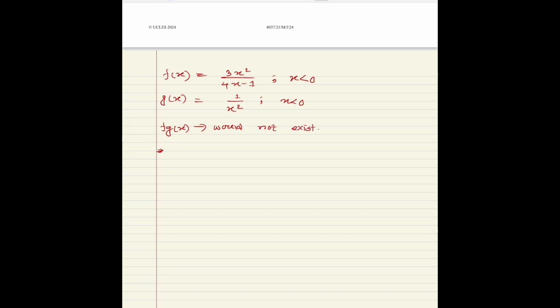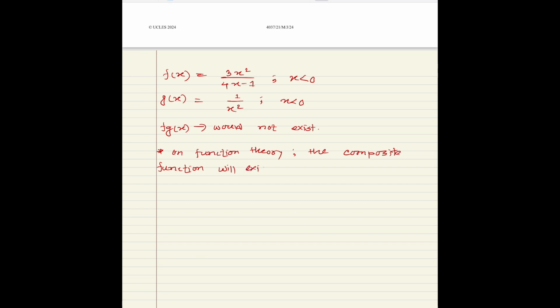Okay, from function theory we know that, at first, I will tell how the composite function can exist.